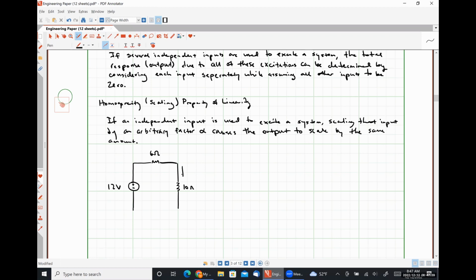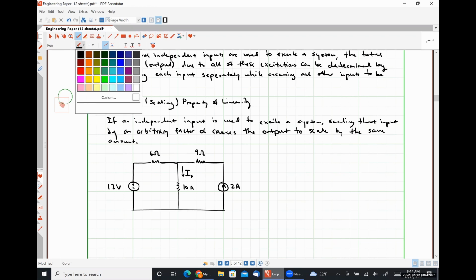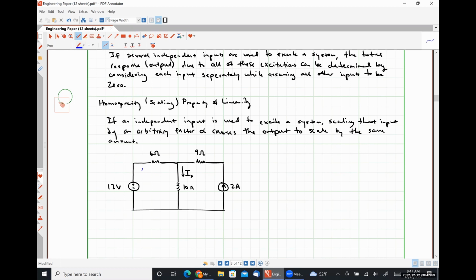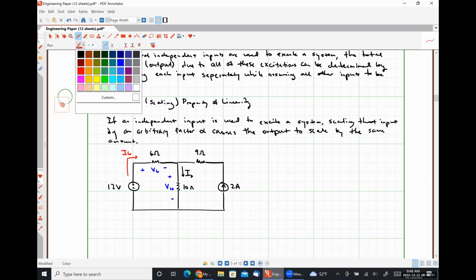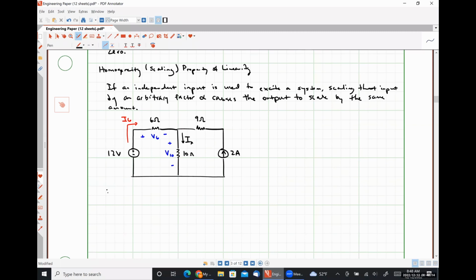Here's our 10-ohm resistor. Here's the quantity IX. Here's our 9-ohm resistor. Here's our 2-amp source. Let's see. Here is V6. Here is V10. Here is I6.